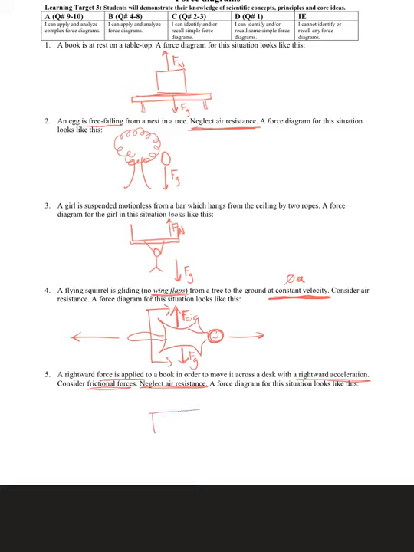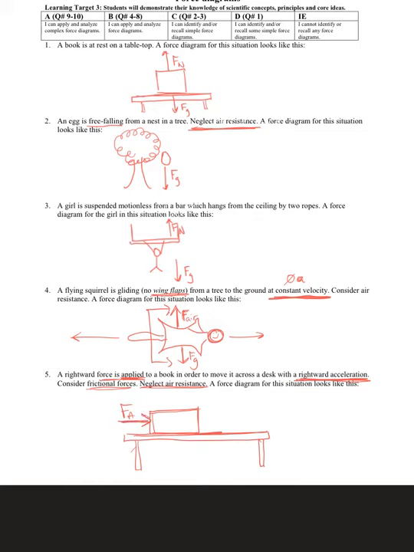We're going to look at a force diagram. And here's my book, and it's on a table. So someone is applying a rightward force to the book, so it's an applied force. And we know that there is a rightward acceleration, which means that my book is accelerating or getting faster.